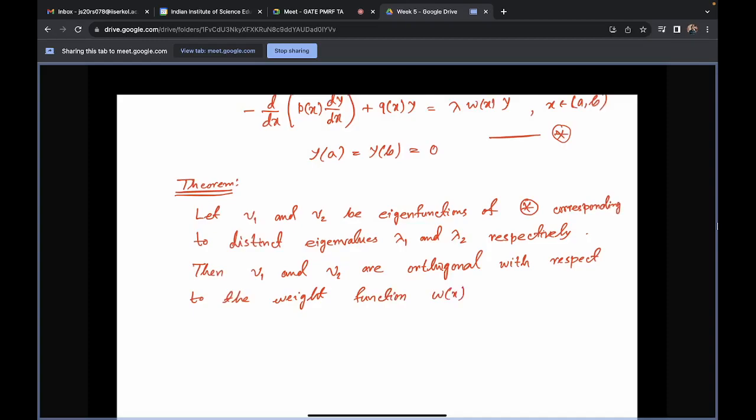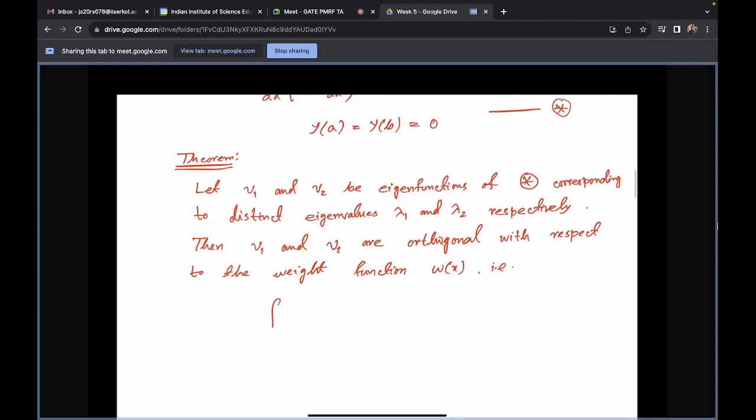So with respect to the weight function w, what is the meaning of this? It means the integral of v1(x) times v2(x) bar times w(x) from a to b dx is 0, right?